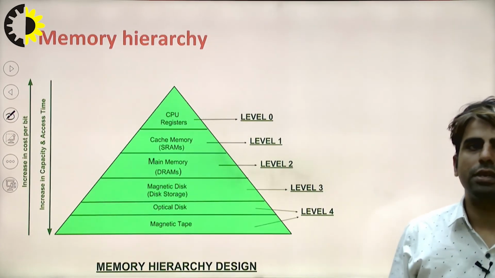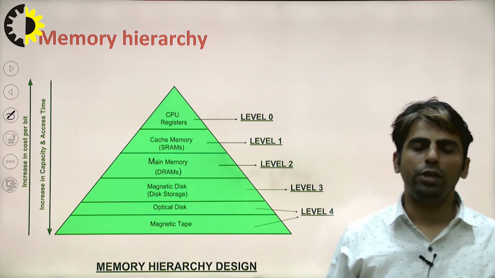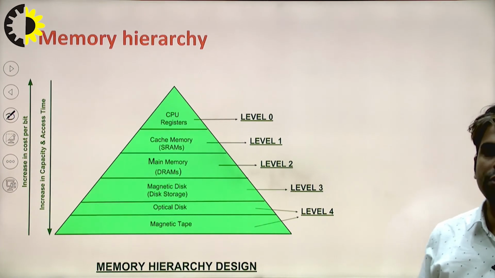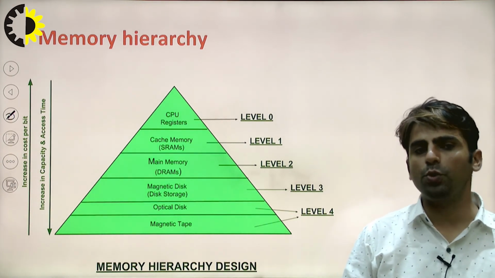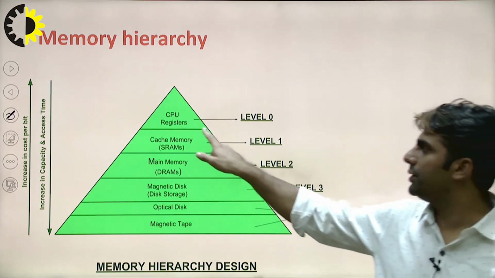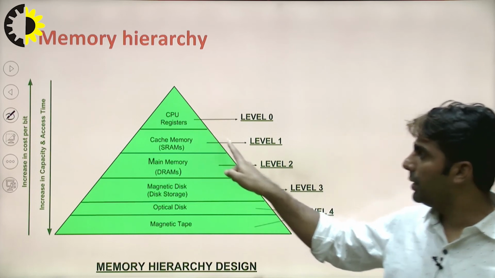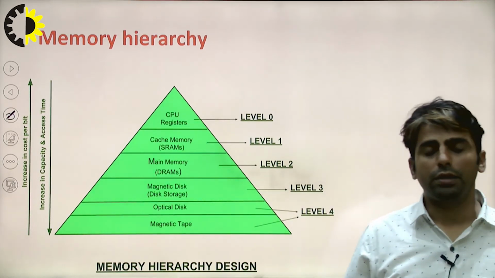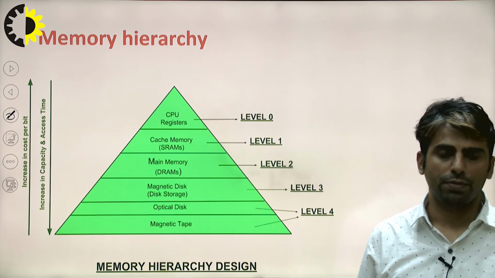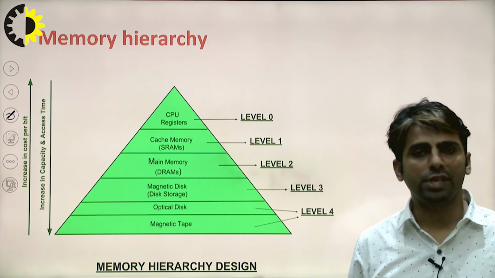Now next is memory hierarchy. This triangular figure represents the memory hierarchy. We have levels from level 0 to level 5. At level 0, we have registers: general purpose registers and special purpose registers, which may vary from one processor to another.